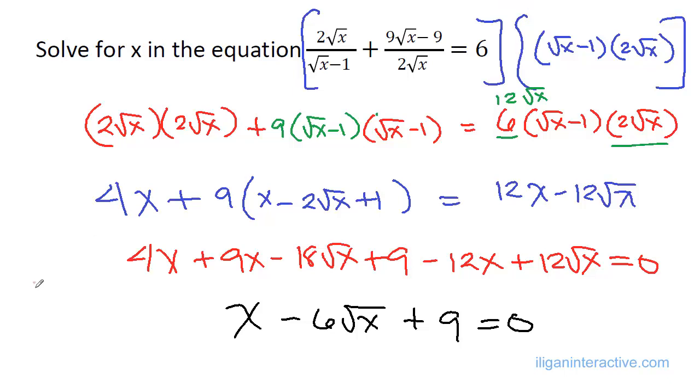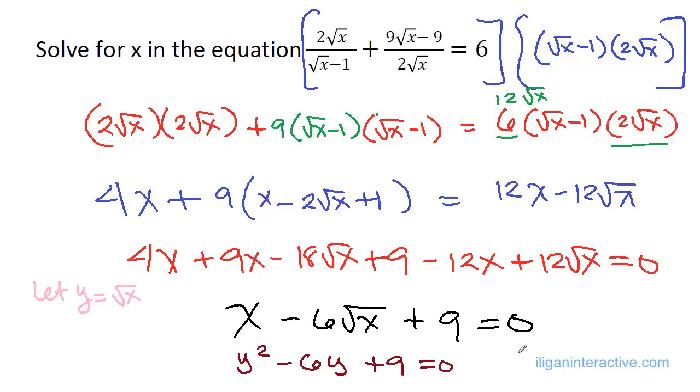What shall we do? We let y equal to square root of x, and this will now turn into, not x squared, but y squared. So that thing will become y squared minus 6y plus 9 equals 0.